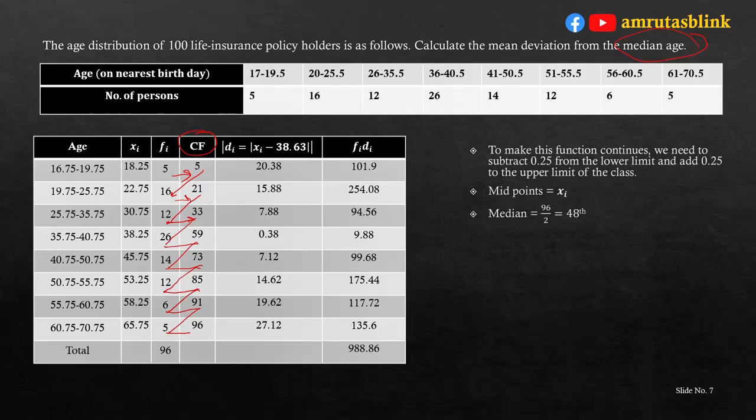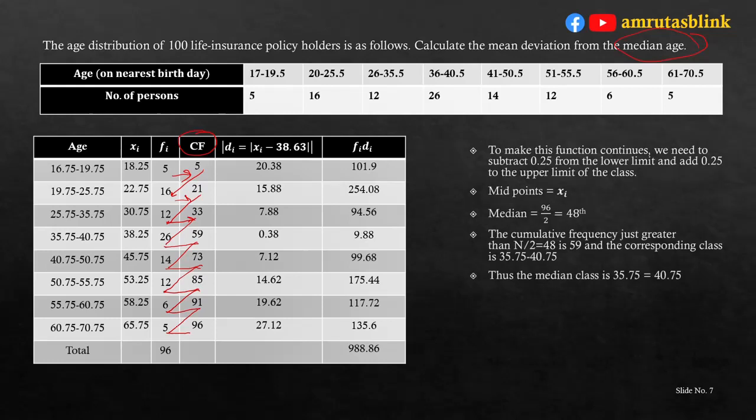So, the total of all the frequencies, that is summation fi, is equal to 96. Now, 96 divided by 2 is equal to 48. So, the median of this data will be the 48th observation, and the 48th observation will lie in the class of 35.75 up to 40.75.